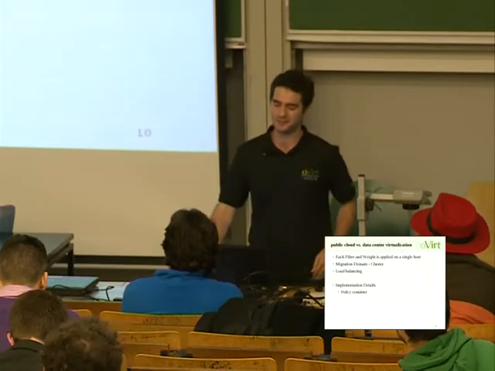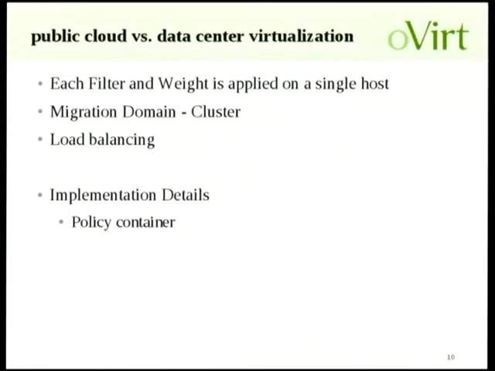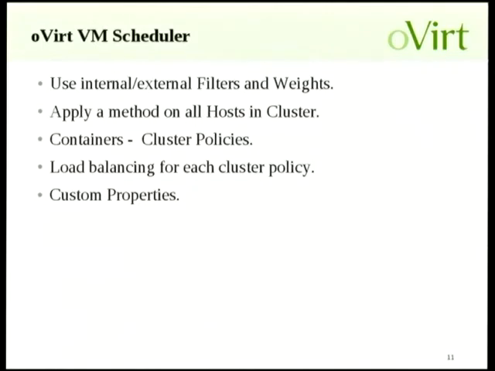So in the migration domain, each VM on a host can be migrated to a separate host in that migration domain, that cluster. And we have another concept of load balancing for that cluster, and also a policy container, which a user can create with their own policy and apply on that cluster. So let's take a look at what we had in oVirt.